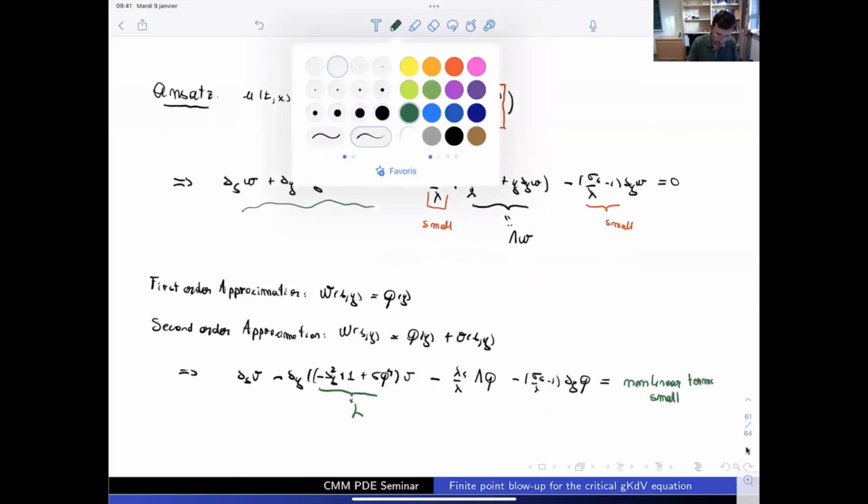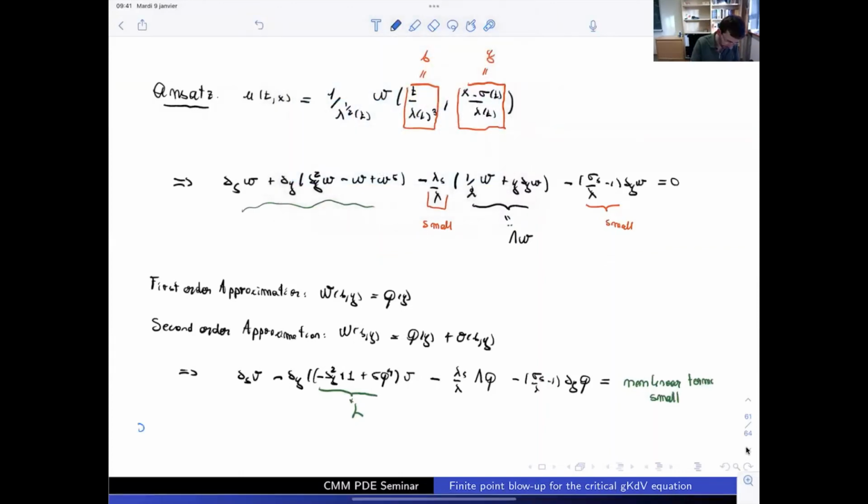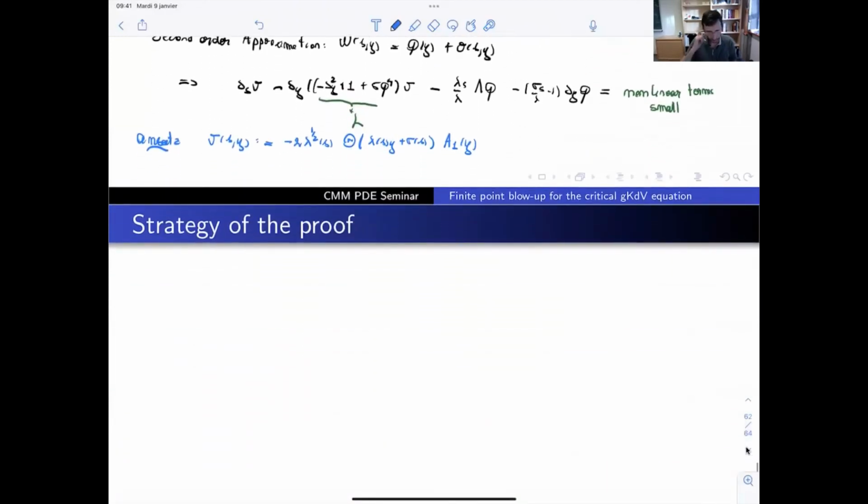So the ansatz we will look at is the following: V(s,y) is equal to minus 2 lambda to the 1/2 of s theta of lambda_s y plus sigma_s times A1 of y. I will tell you who those guys are.